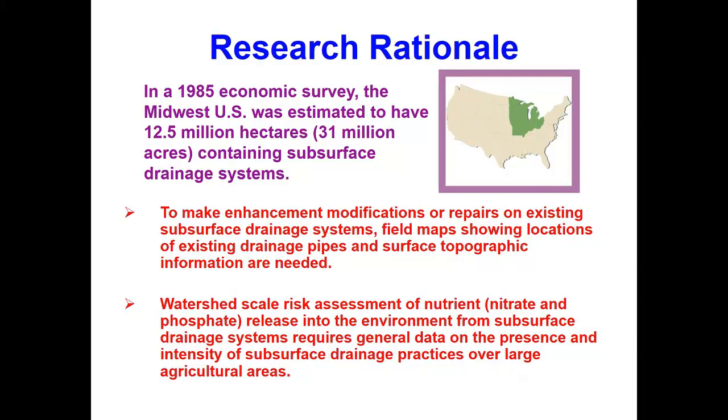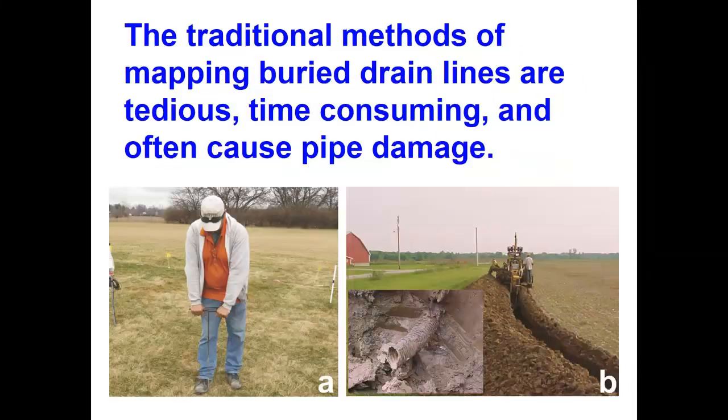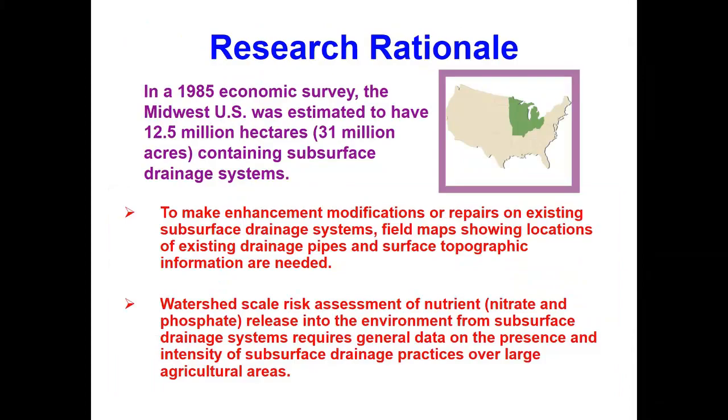Well, there's a couple of reasons. One is more economic and the other's more environmental. So we'll start with the economic reason first. The economic reason: one of the things we often want to do is make enhancements, modifications, or repairs on existing subsurface drainage systems.